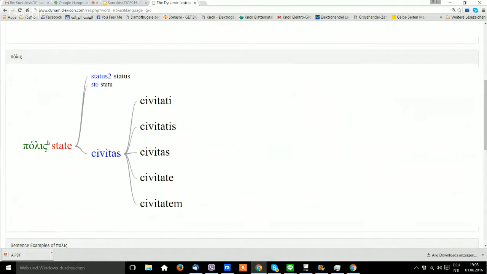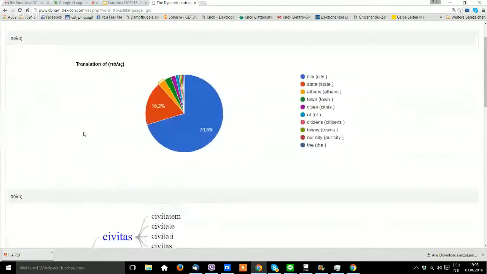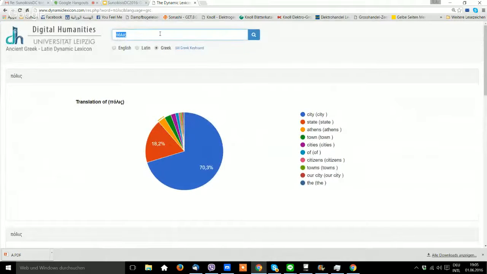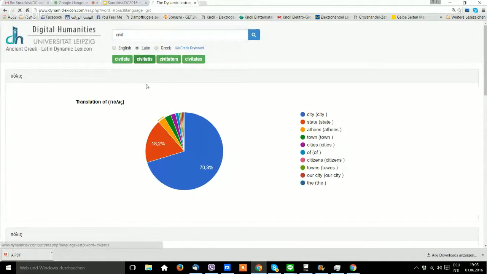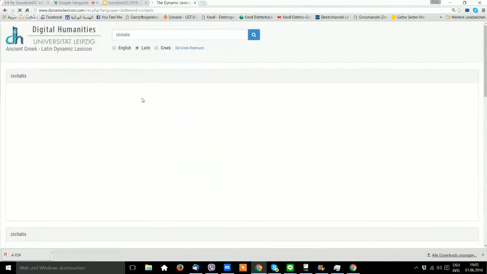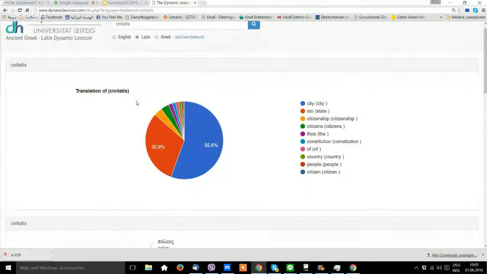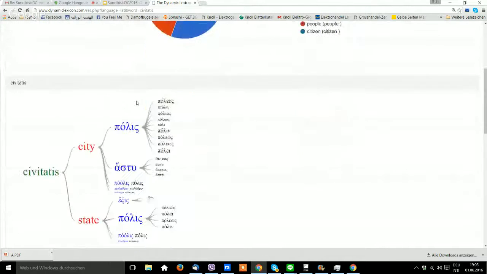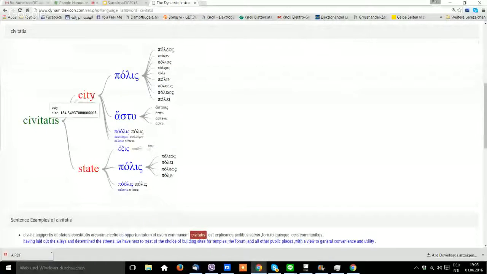You can also select the language, Latin. As you can see, also the same.